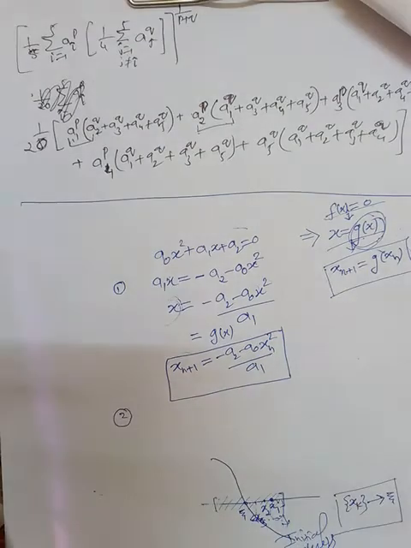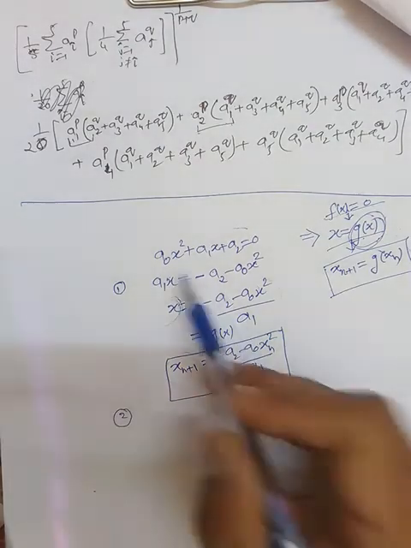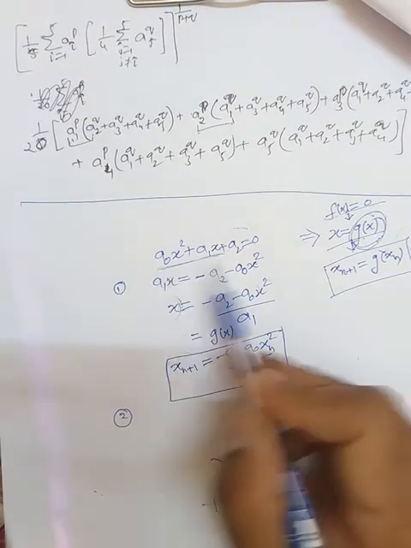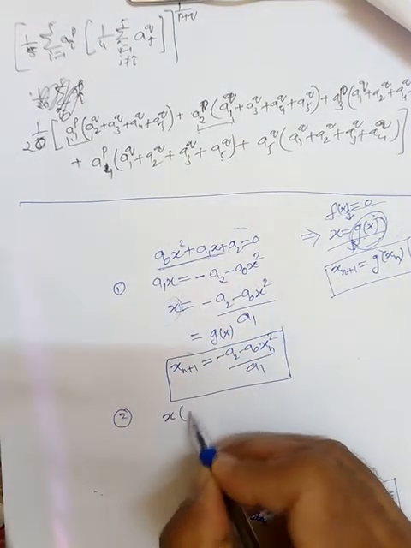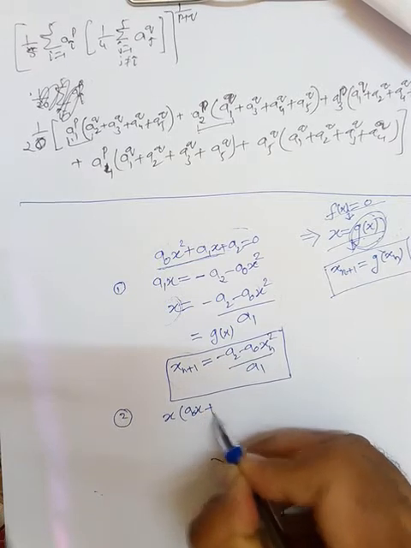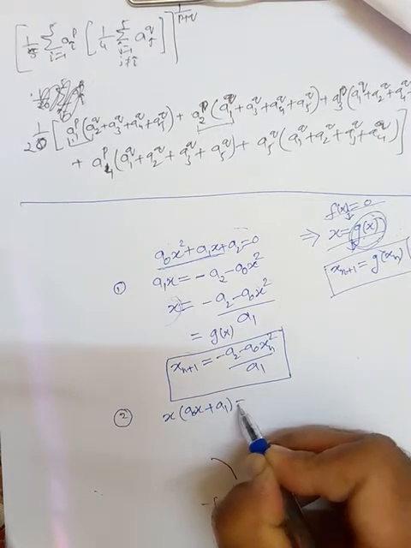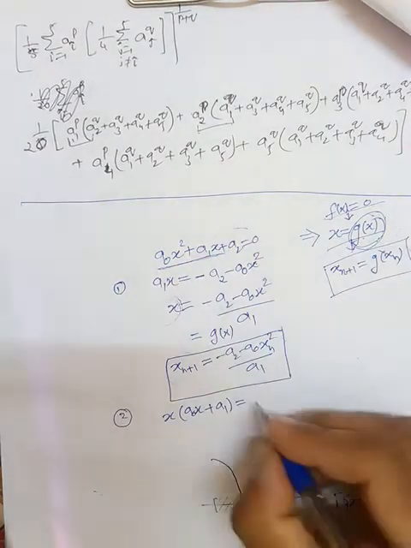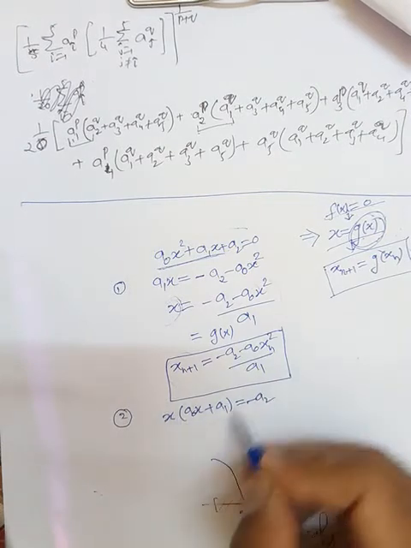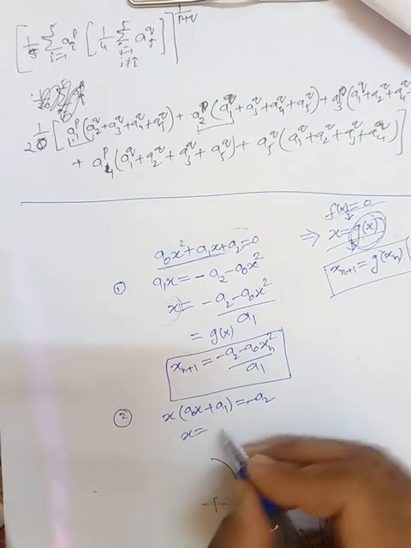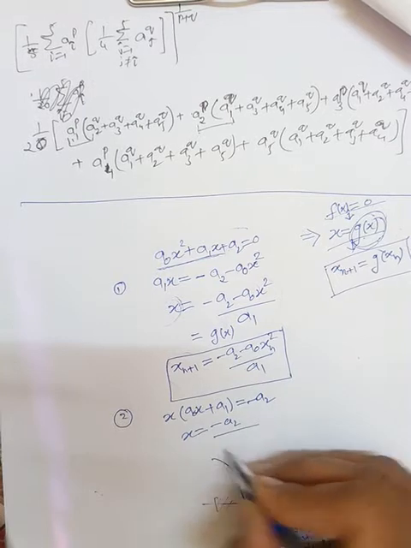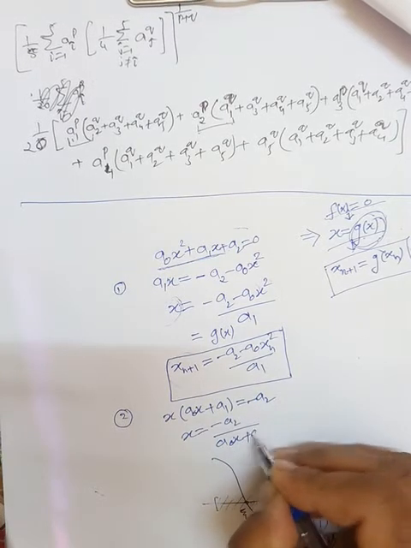Second, if you take x common from these two terms, then what we will have? x times a naught x plus a1, and take a2 to the right hand side, so minus a2, and now divide. So we have minus a2 divided by a naught x plus a1.